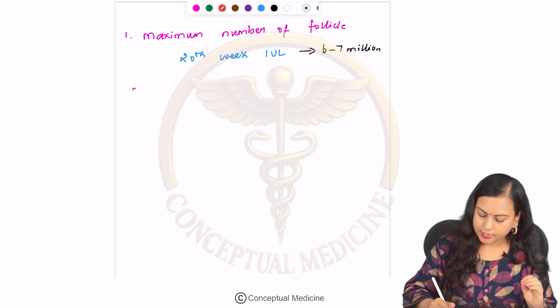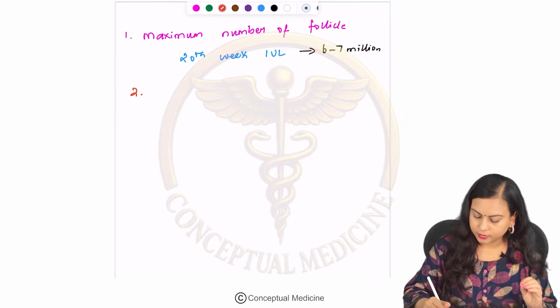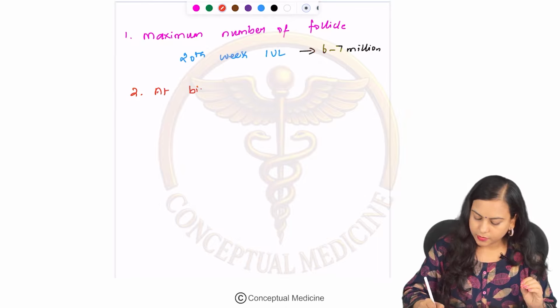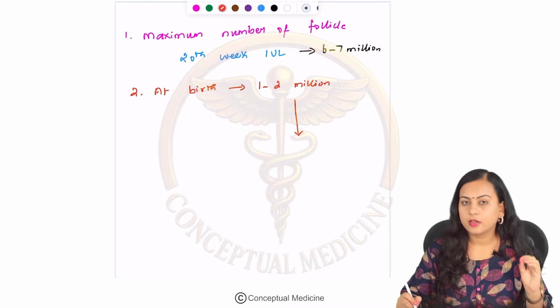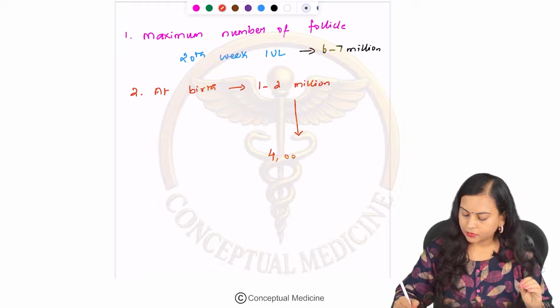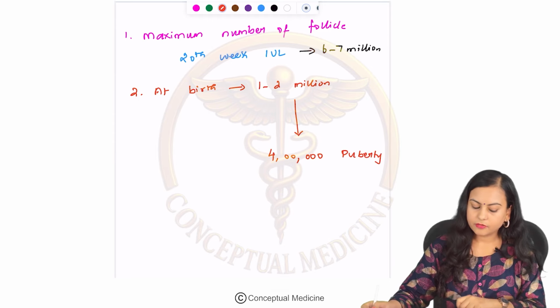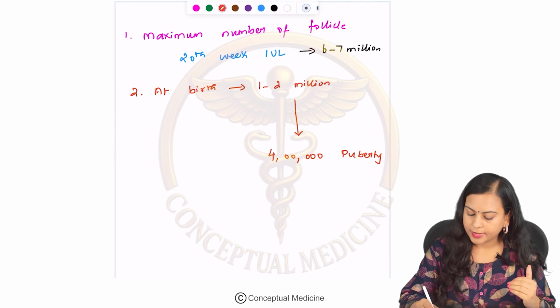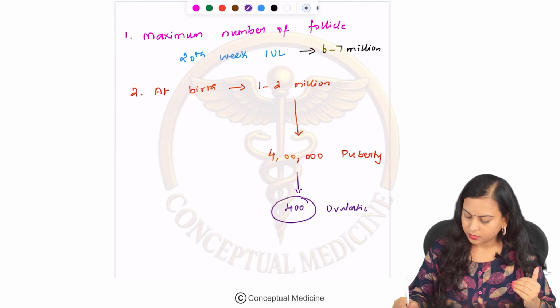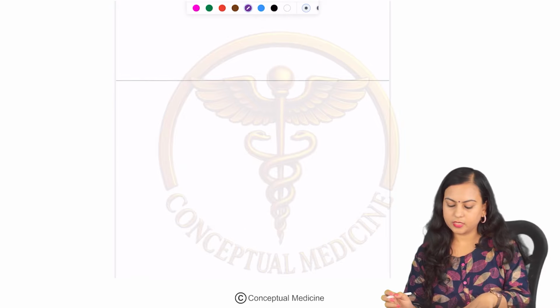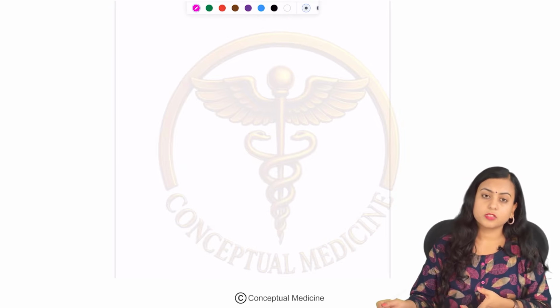The second point is that at birth this will reduce to only 1 to 2 million, and among this 1 to 2 million, only 4 lakh will be present at puberty, and from that 4 lakh, only 400 follicles will go for ovulation. Clear? Right.